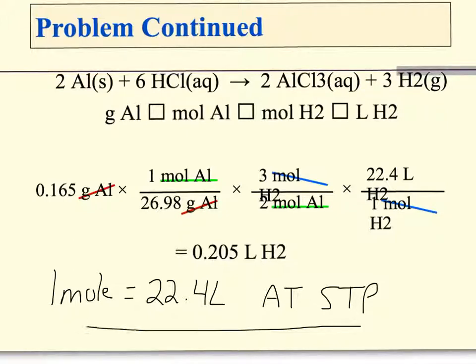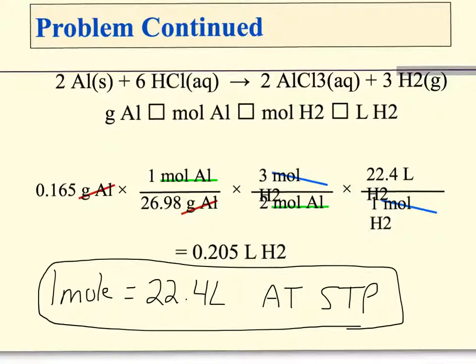Now this is a standard. Now that we have that, because our problem specifically said that we were at STP, we can use this conversion factor, 1 mole on bottom, 22.4 liters on top, moles cancels out, we do the math, and we get 0.205 liters of hydrogen gas.